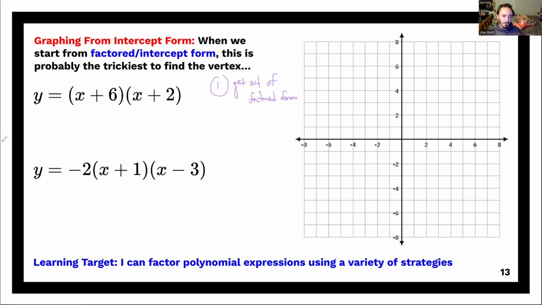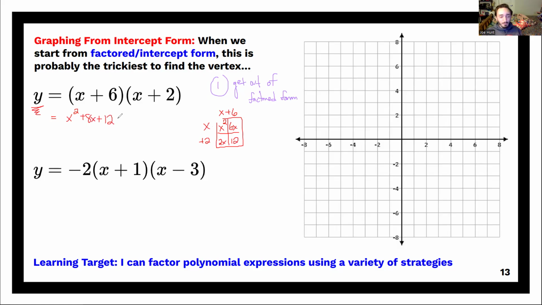So for this first one, what I'll do is get out of factored form just by multiplying it together. So I'll take x plus 6 and multiply it by x plus 2 and see what I get in standard form. So I'll get x squared, I'll get 6x, I'll get 2x, and I'll get 12. This is really ultimately the same thing as x squared plus 8x plus 12.